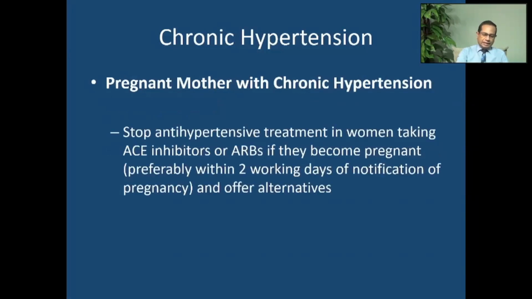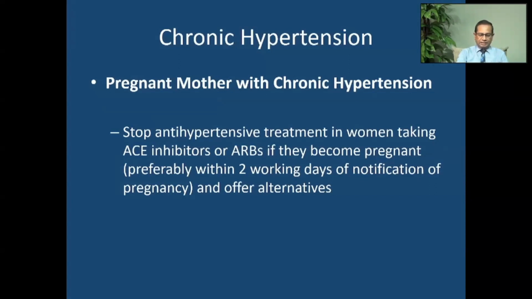Now, the third category of patients are those already diagnosed with high blood pressure or chronic hypertension, who present to you and say that they have become pregnant. So you have to go through the drug chart and see whether the patient is on ACE inhibitors or ARBs.